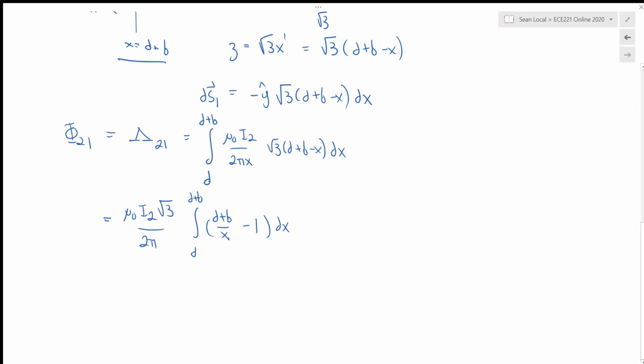So let's copy our constant down here. The first part of the integrand, d plus b over x, we're basically integrating 1 over x times a constant d plus b. So that's natural log of x, and then we're evaluating it at its limit, so d plus b over d.